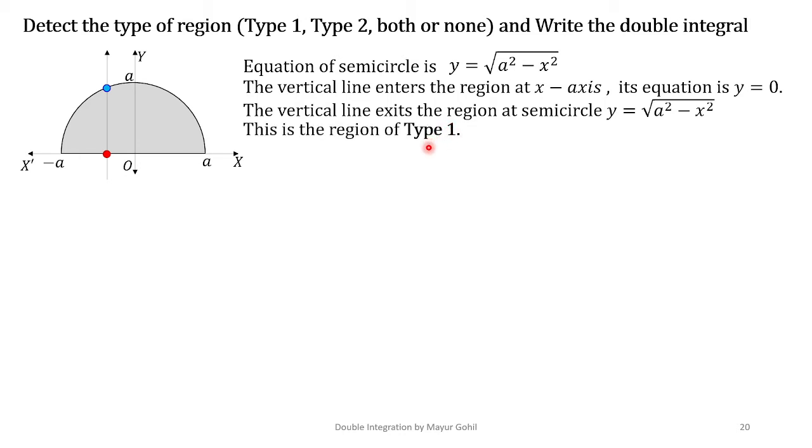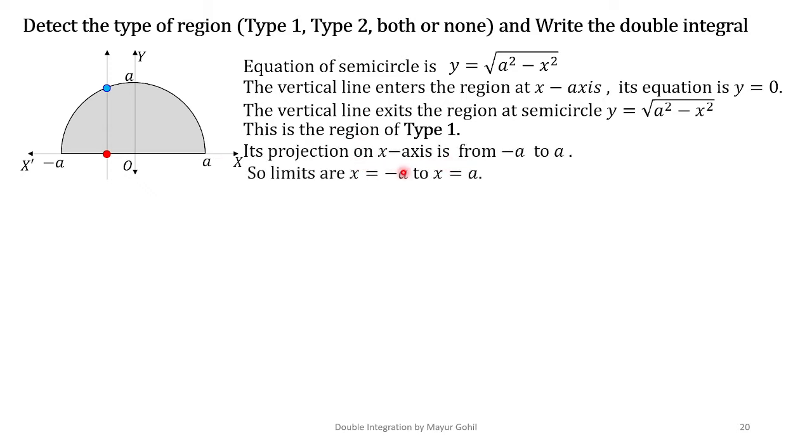Now in order to find the projection, it is evident from the diagram itself that the projection is on the x-axis and it's from minus a to a. So the projection is going to be from minus a to a.